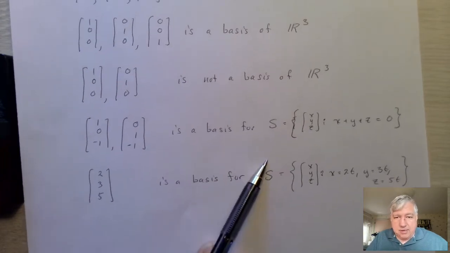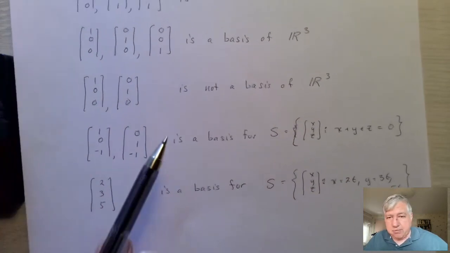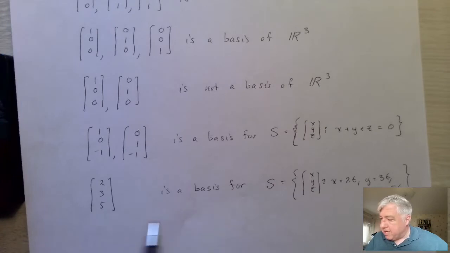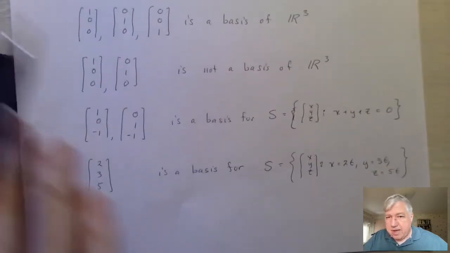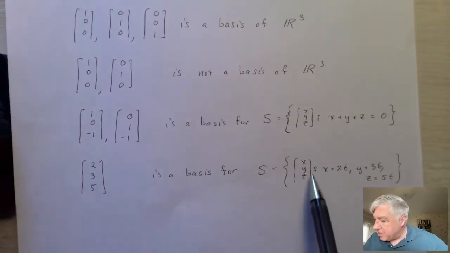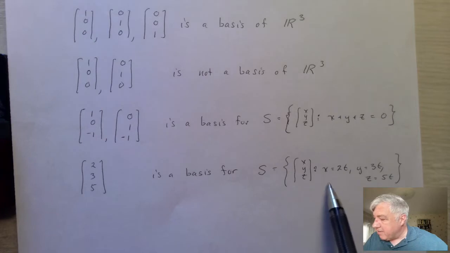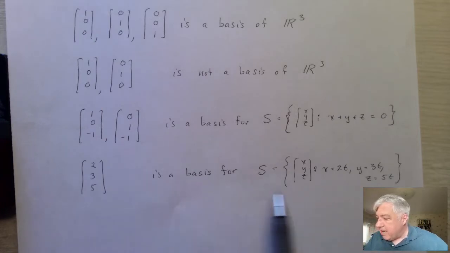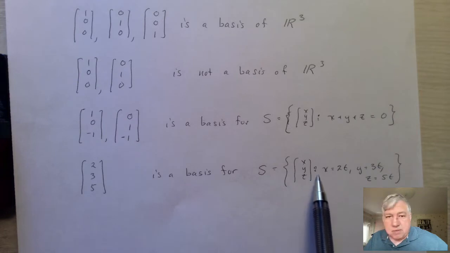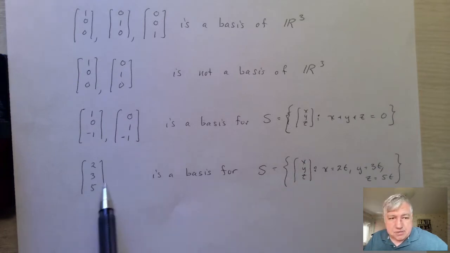A line in R3 can have a basis consisting of one vector. For example, in the subspace of a line where the direction vector is (2, 3, 5), every element is really going to be some real number t times this vector, right?